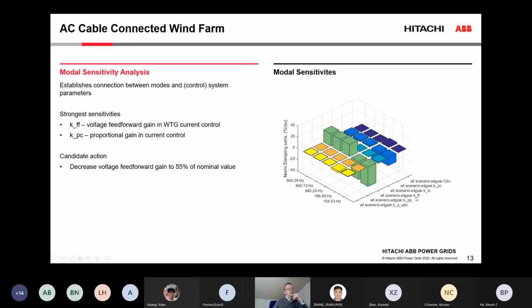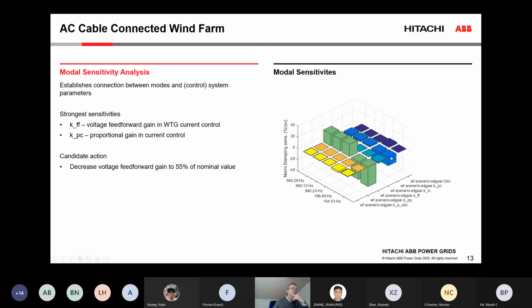This is the voltage feed forward gain in the wind turbine. So it is in the base case selected to have 100% feed forward. So if you were to increase it further, it would contribute more. So we can conclude that maybe decreasing this gain would be useful to improve the stability.